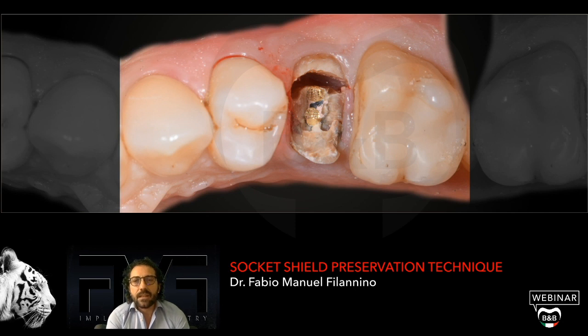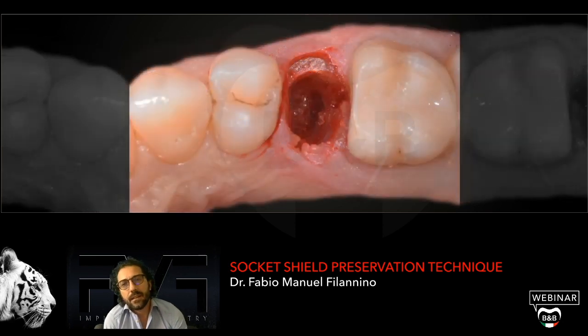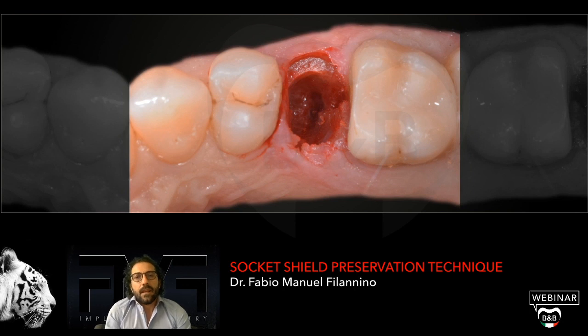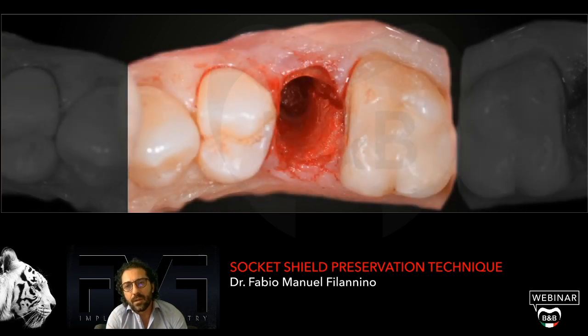So I started to prepare my socket shield, and I started to trim the root until I thought I was reaching the crestal margin, but I was maybe 0.5, 0.8 above the crest, and I was sure I had cleaned all the periapical area.